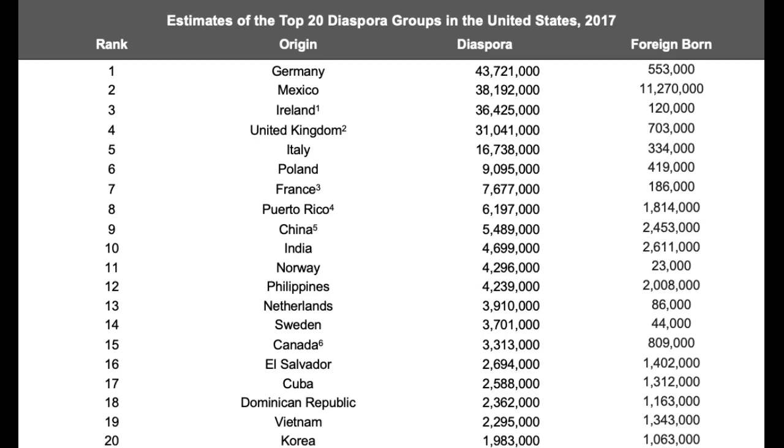So you see Germany, Mexico, Ireland, the UK having very high diaspora numbers, whereas Mexico, China, the Philippines, India are countries that maybe have more foreign-born people, those who were born in those countries and then immigrated to the United States.